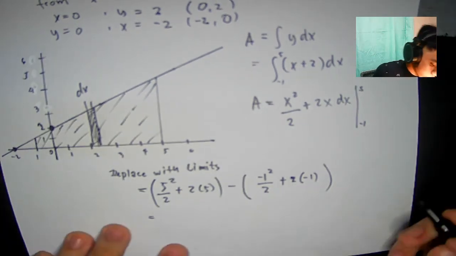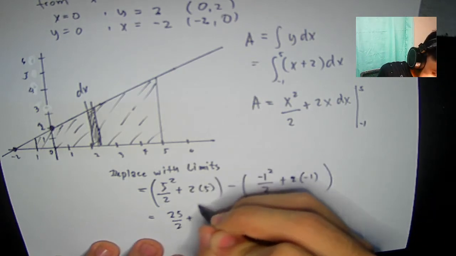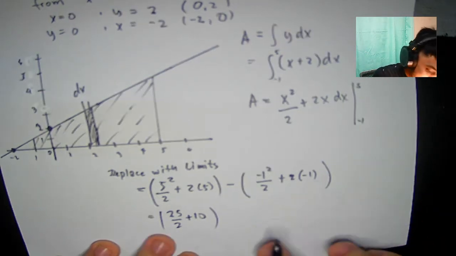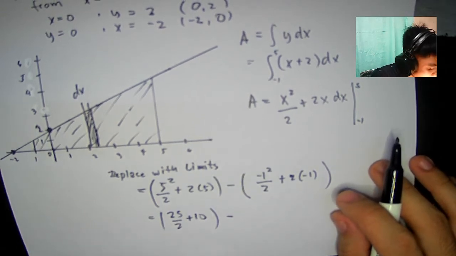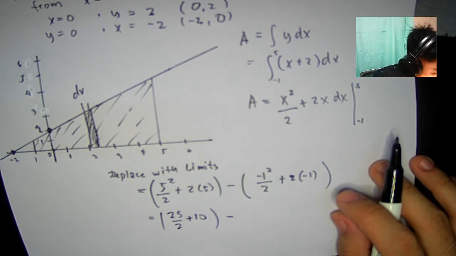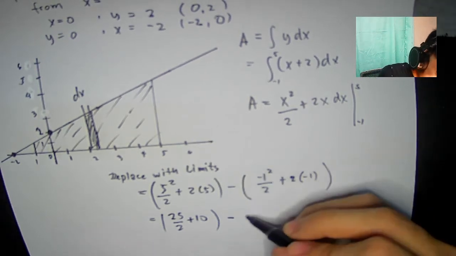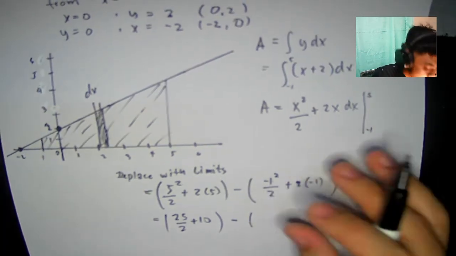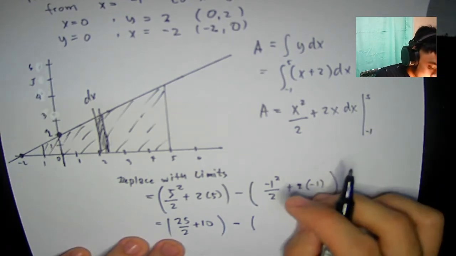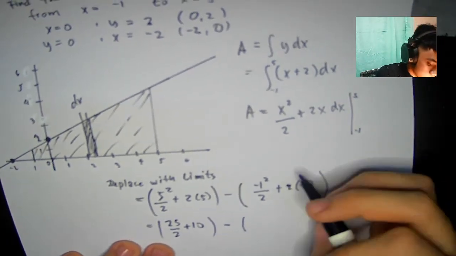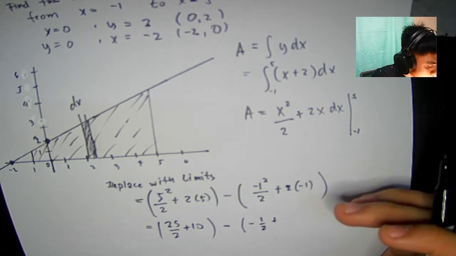So 5 squared is 25 over 2 plus 10, minus negative 1 squared, which is still negative 1, so negative 1 over 2, plus 2 times negative 1, which is negative 2.